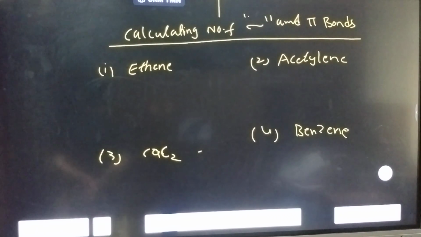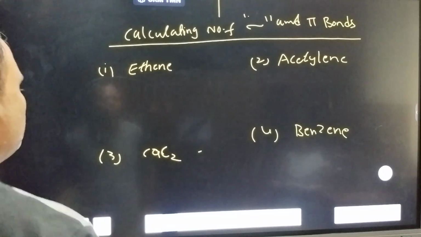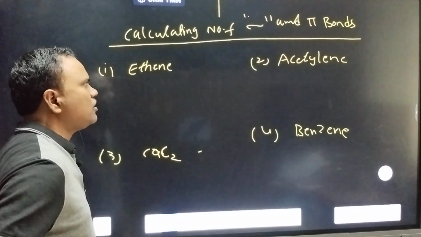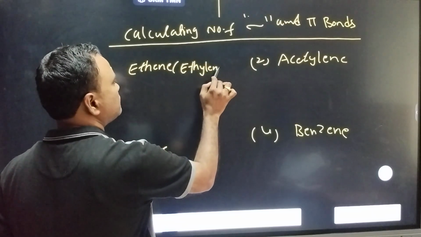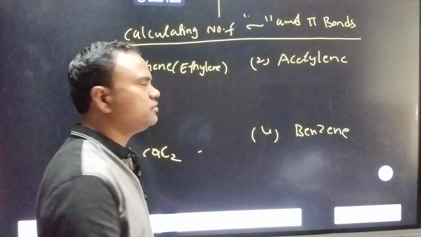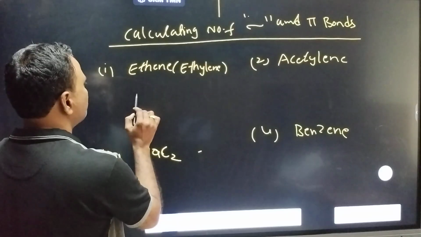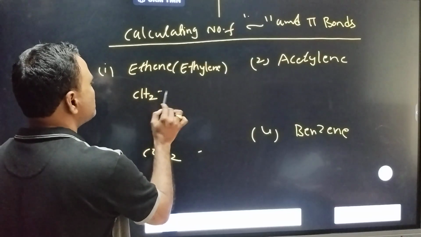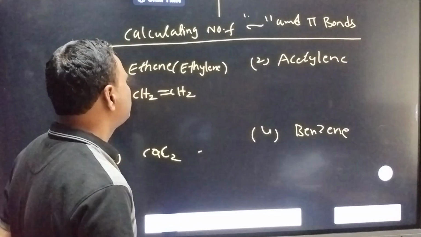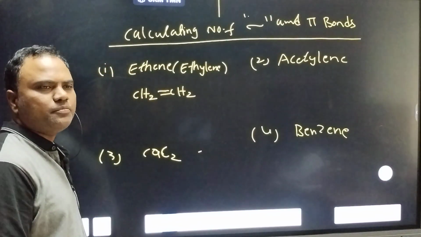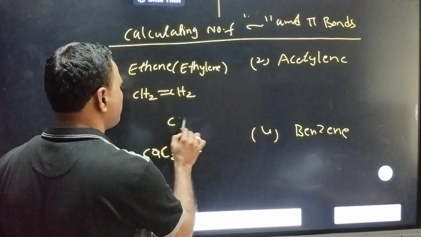Online students, ethene structure. Ethene is also called ethylene: CH2 double bond CH2.